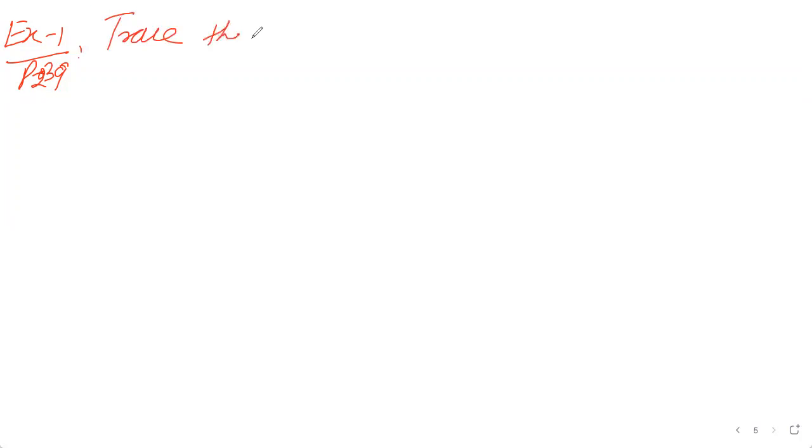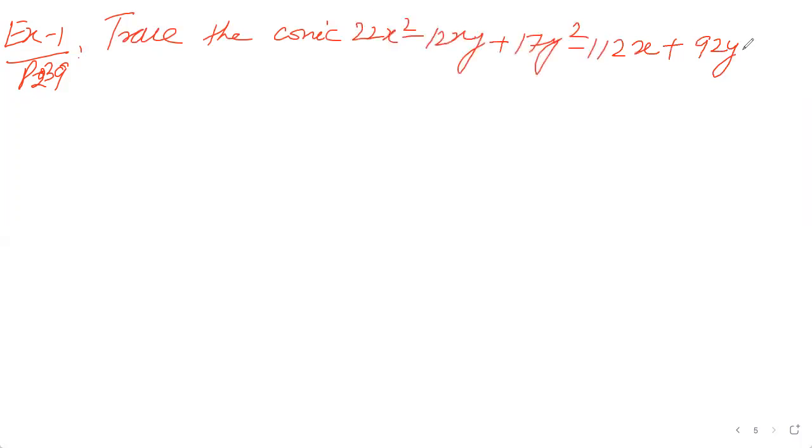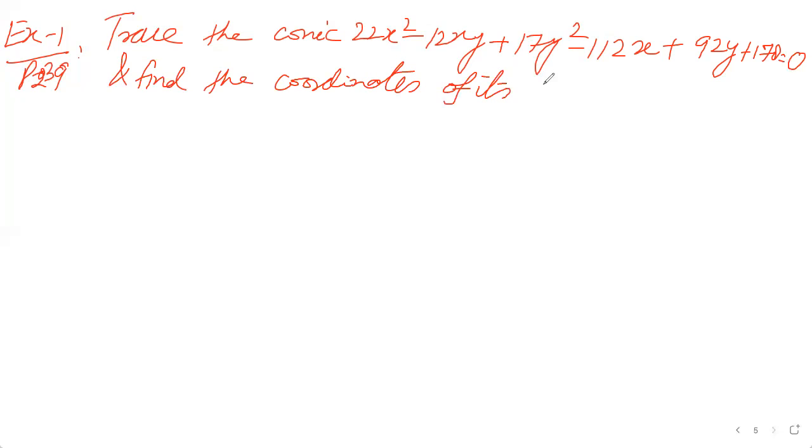The problem is trace the conic 22x square minus 12xy plus 17y square minus 112x plus 92y plus 178 is equal to 0. इसे ट्रेस करना है and find the coordinates of its focus.